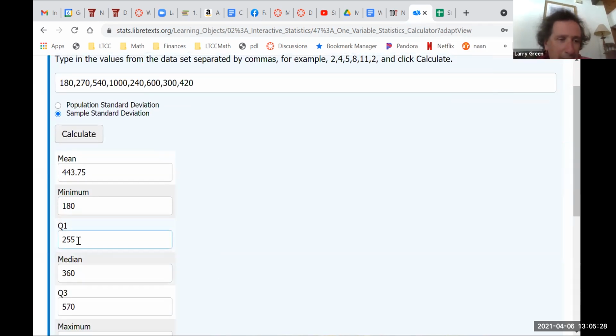Q1. Q1 is something you may not have seen before. Q stands for quartile, Q-U-A-R-T-I-L-E. Maybe I'll put that in the chat box so you can see it.